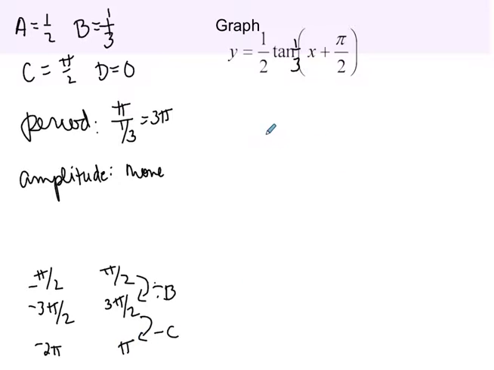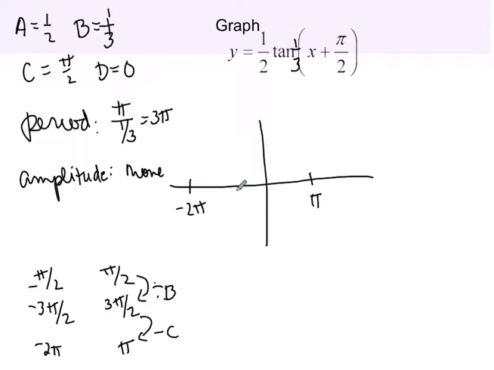Okay. Now, I'm going to find all of my x values. So I got negative 2 pi over here and positive pi over here. So halfway between is going to be one of the points I need to plot.